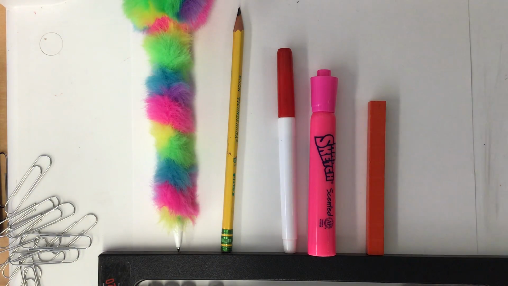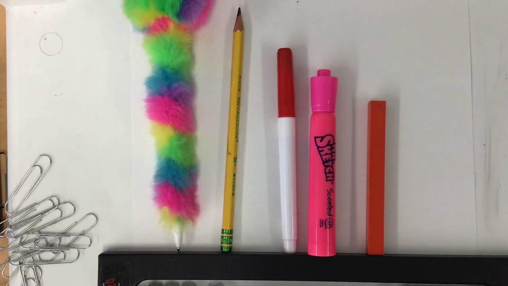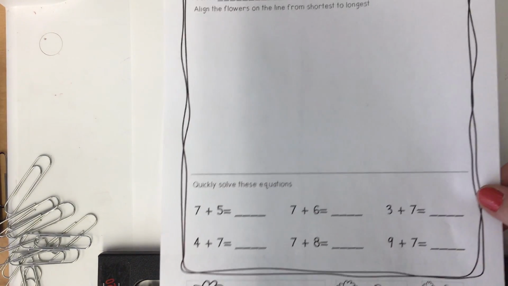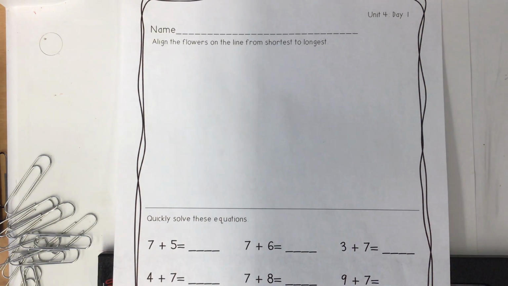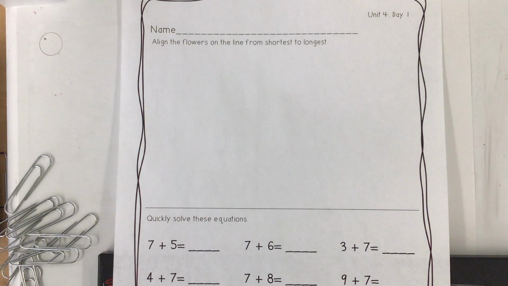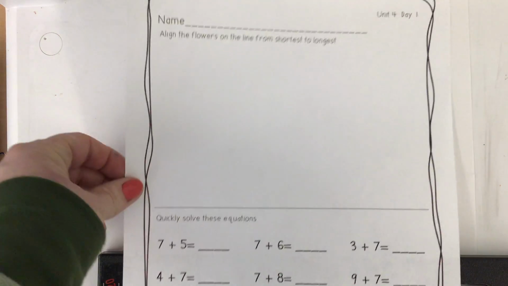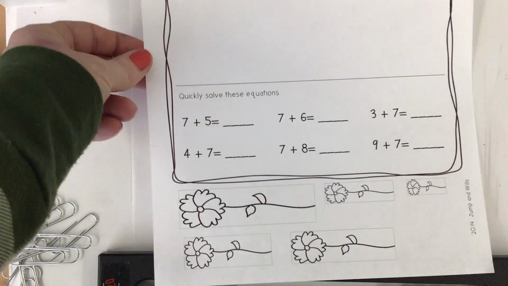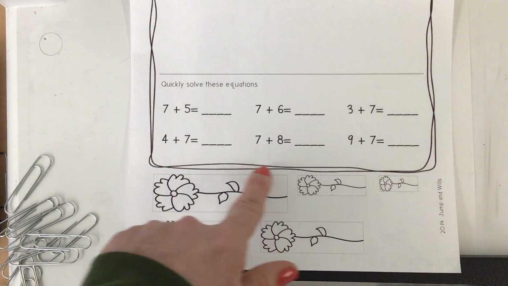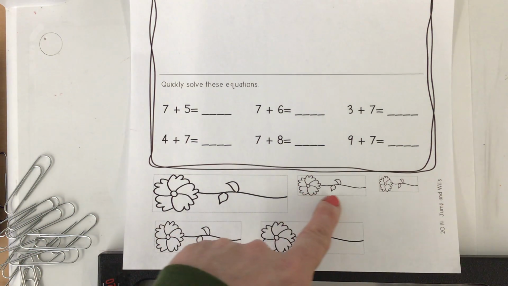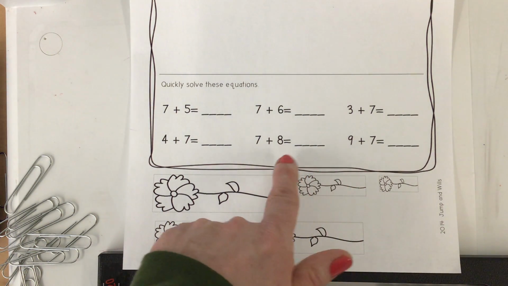So your worksheet for today and tomorrow is going to look like this. This is Monday's worksheet, okay? It says align the flowers on the line from shortest to longest. So guys, when you cut these flowers out, it is very, very important to cut around on that dotted line, okay?